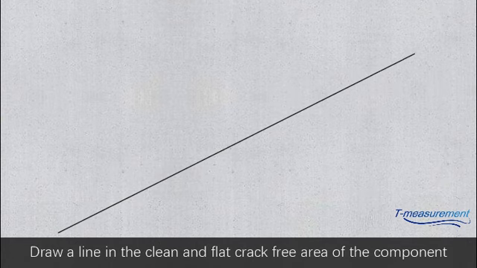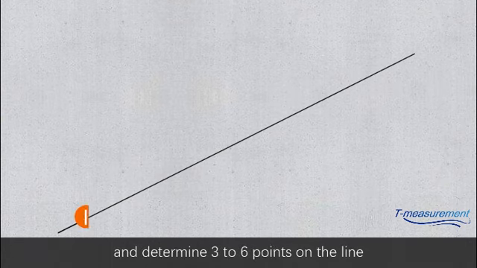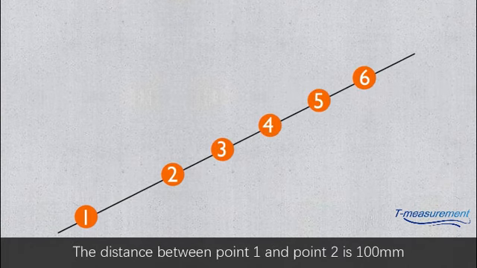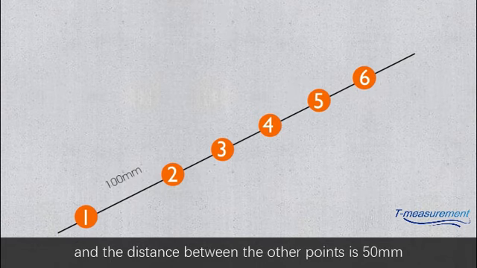Draw a line in the clean and flat, crack-free area of the component and determine 3 to 6 points on the line. The distance between point 1 and point 2 is 100 mm, and the distance between the other points is 50 mm.